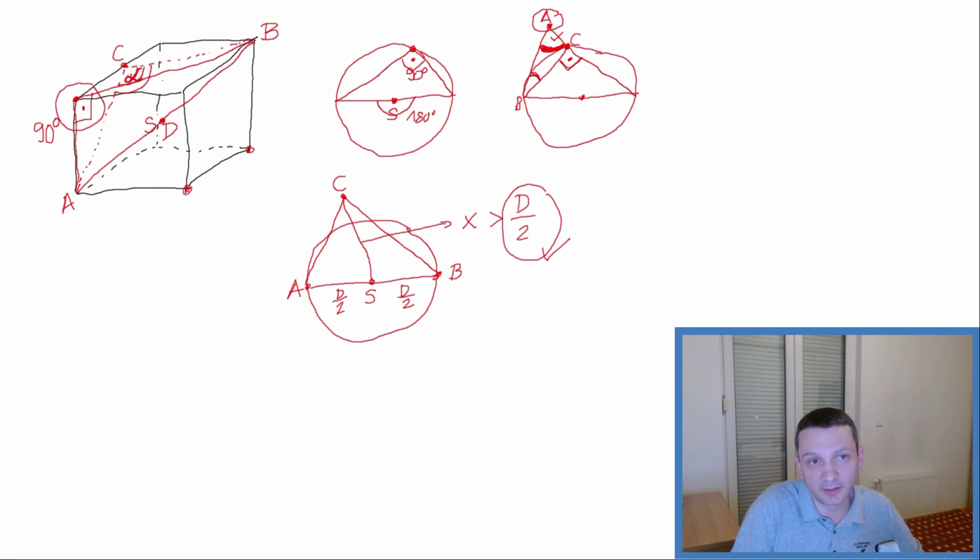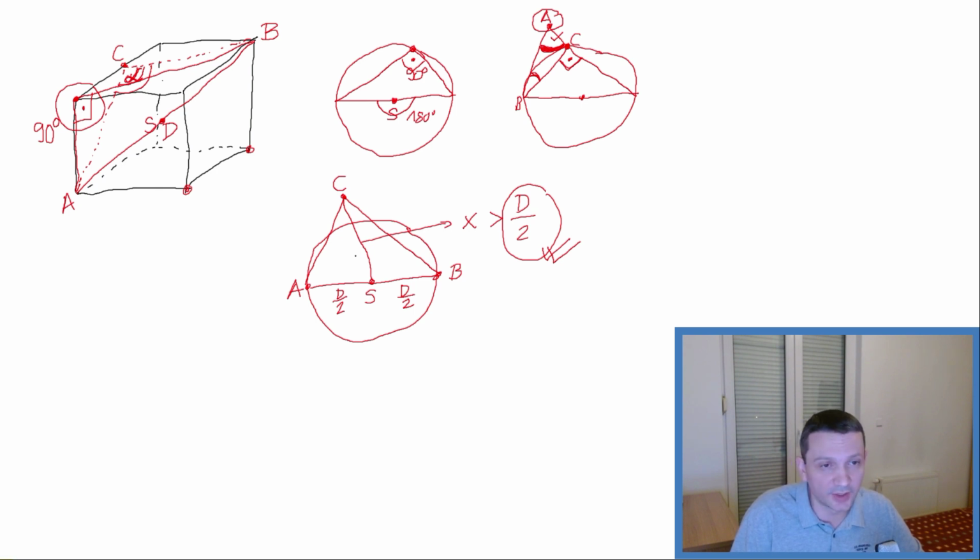So there are certainly no points on the surface of the cube which are outside that ball. So there are certainly no points at a distance greater than d over 2 from the center of the cube. And so this is actually the end of the proof.